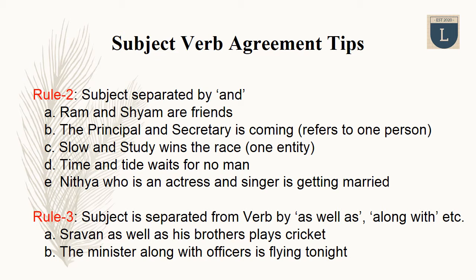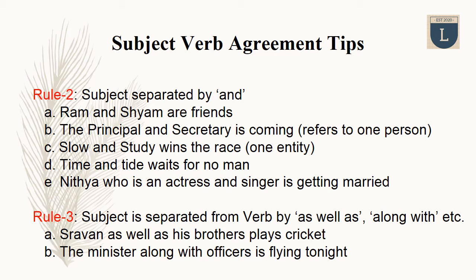Let's go to rule number 3: the subject is separated from the verb by as well as, along with, etc. For example, Shravan as well as his brothers plays cricket. The moment you separate it by as well as or along with, it takes a singular verb.